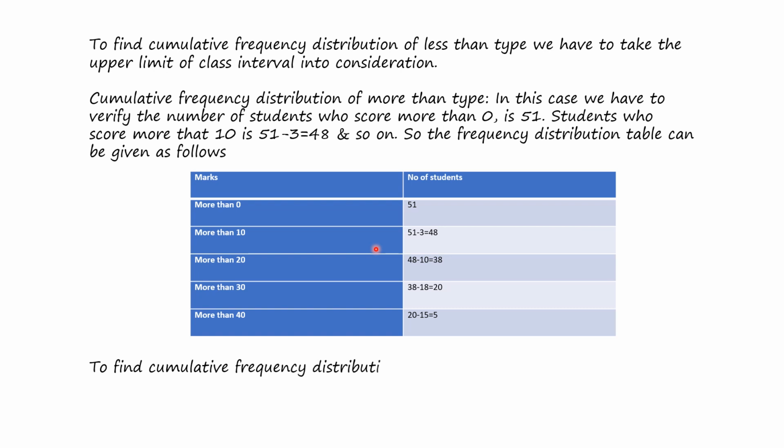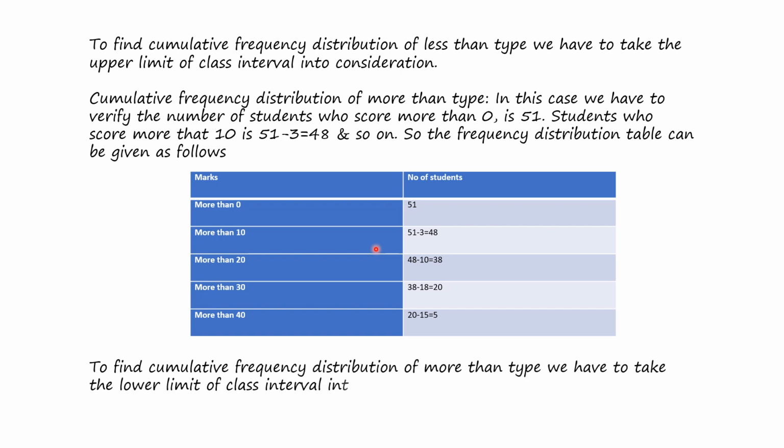To find the cumulative frequency distribution of more than type, we have to take the lower limit of the class interval into consideration. See here 0, 10, 20, 30, 40. These are nothing but the lower limits of the class intervals. Whereas for finding the frequency distribution of less than type, we consider the upper limit of the class interval.